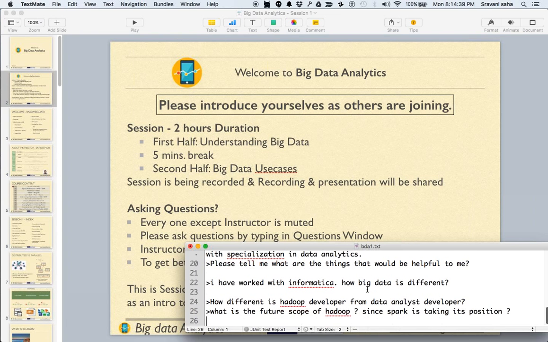What is the future scope of Hadoop since Spark is taking its position? That's Ravi Kiran's question. That's a good question actually. Spark is not replacing Hadoop. Spark is only complementing it. As you will soon find out, Spark is great for really fast moving data, but when it comes to hundreds of petabytes of data, Spark still is similar to what MapReduce is.